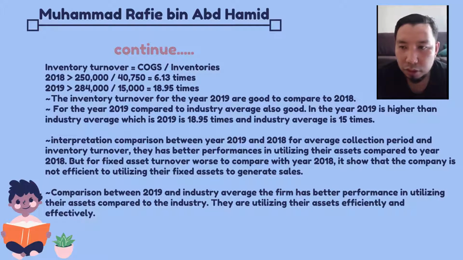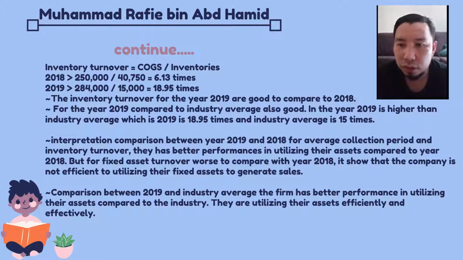250,000 divided by 40,750 equals 6.13 times. And for the year 2019, 284,000 divided by 15,000 equals 18.95 times. The inventory turnover for the year 2019 is good.